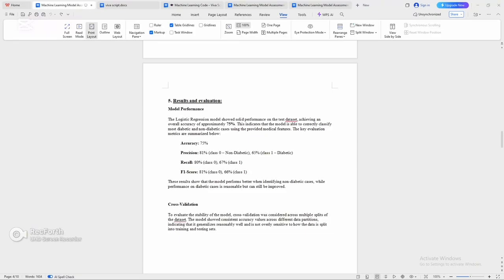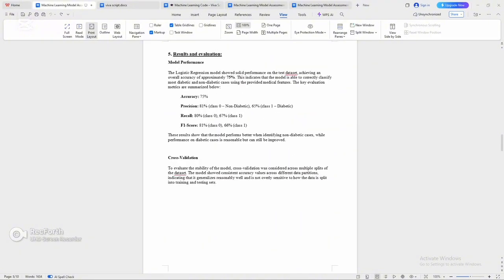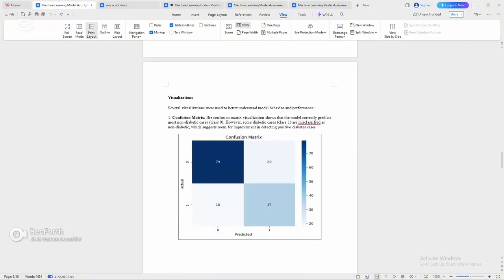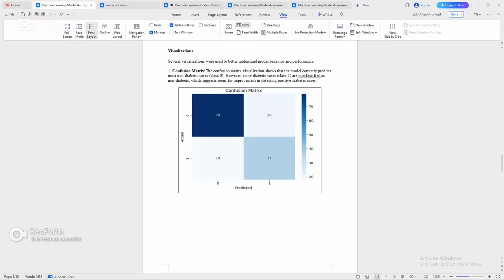The confusion matrix showed that the model correctly predicts most non-diabetic cases, but some diabetic cases were misclassified. This indicates that while the model performed well overall, there is still room for improvement in identifying diabetic cases.